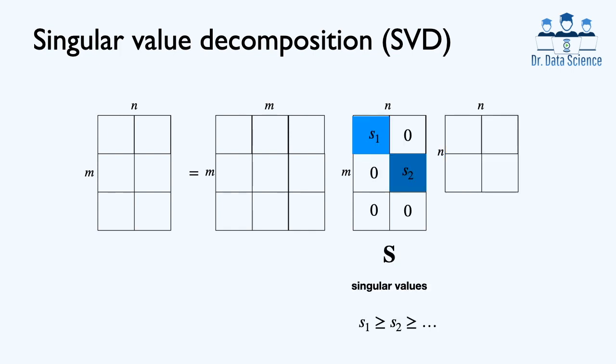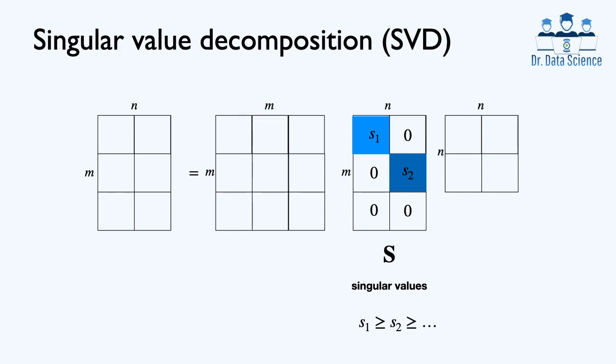In my opinion, the most interesting and important part of computing SVD, or singular value decomposition, is to analyze the matrix S in the middle. The diagonal entries of S are called singular values, and all remaining entries, all the off-diagonal elements, are all zeros.